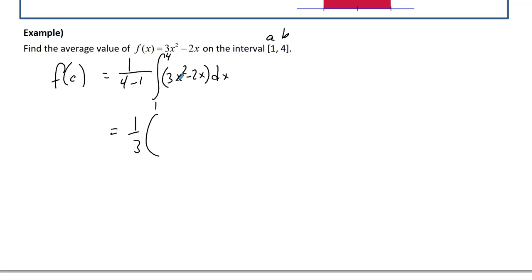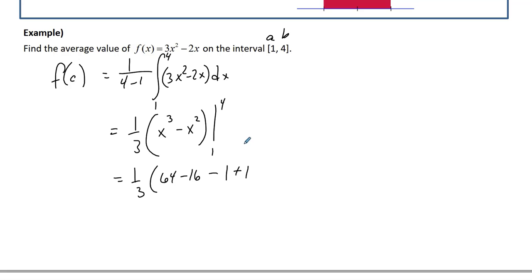This is going to be x to the third. Really it's x to the third over 3, but that 3 cancels, minus x to the 2 over 2, but that 2 cancels, so minus x squared from 1 to 4. So that's pretty easy. It equals 1/3 times 4 to the third is 64, minus 16, minus 1, plus 1.